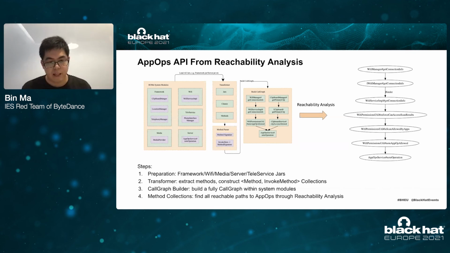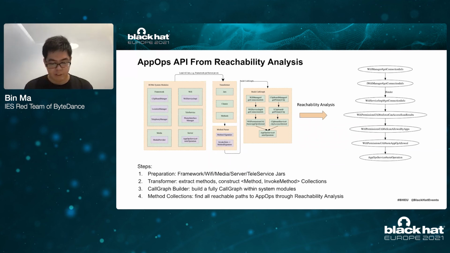Our method works as follows. First, we extract necessary binary files from the vendor's ROM, such as the framework, services, and some custom modules. Then we construct the method call graph among them. We can see the left side is the system call chain of the Wi-Fi module, and the right side is the system call chain of the clipboard module.